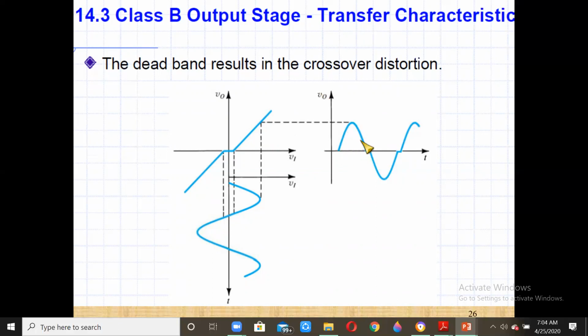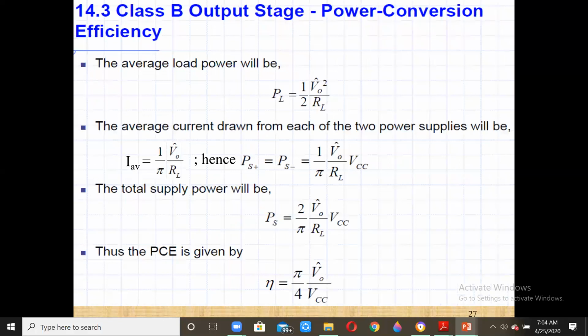So during this portion, we take the average of only the half wave. This is the half wave current which will flow through Qn, and this will flow through the negative half, through the Qp. The average value of the current through Qn, if we calculate, is I average equal to 1 by pi V naught by RL.